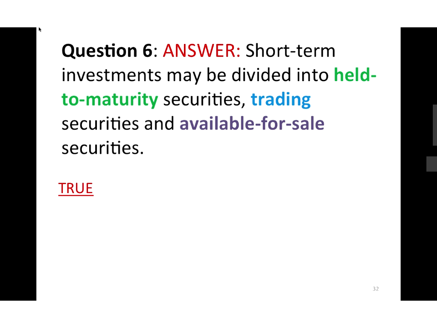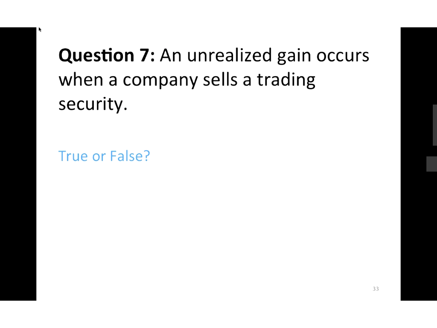Okay, and that is true. Those are the three categories. Now, next up, an unrealized gain occurs when a company sells a trading security.